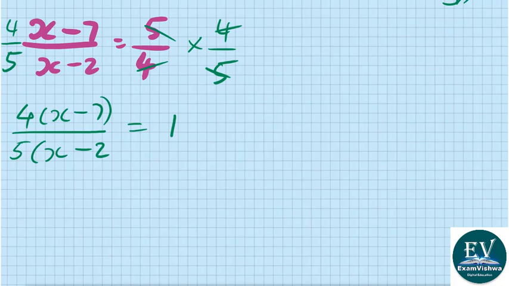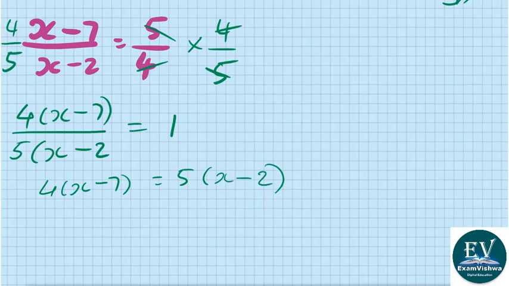That means we can write like this. 4 into x minus 7 is equal to 5 into x minus 2. You can open the bracket: 4x minus 28 is equal to 5x minus 10.